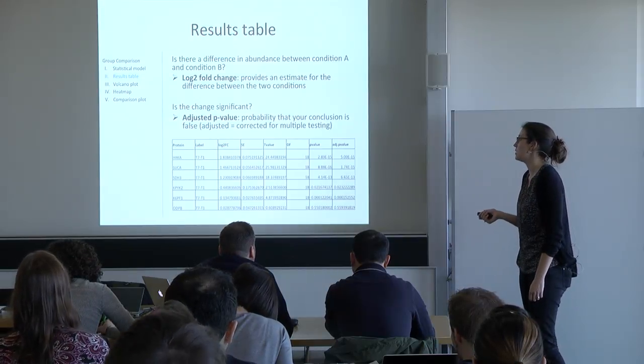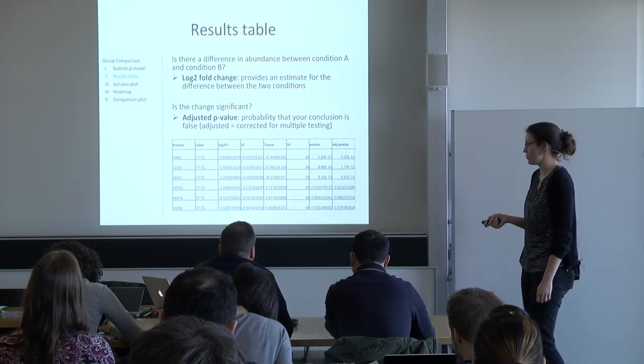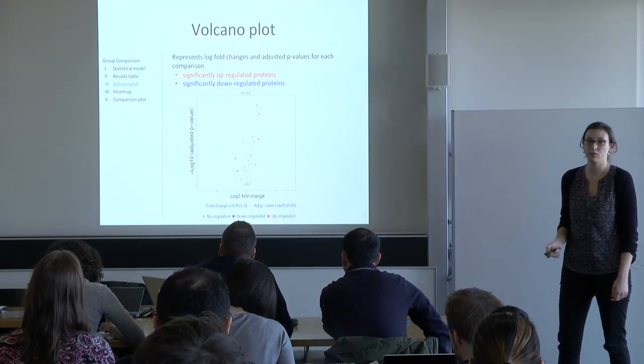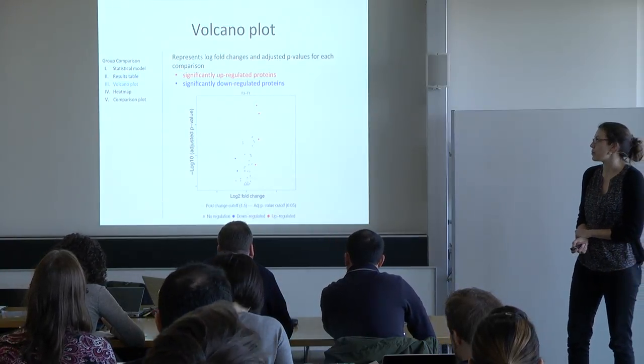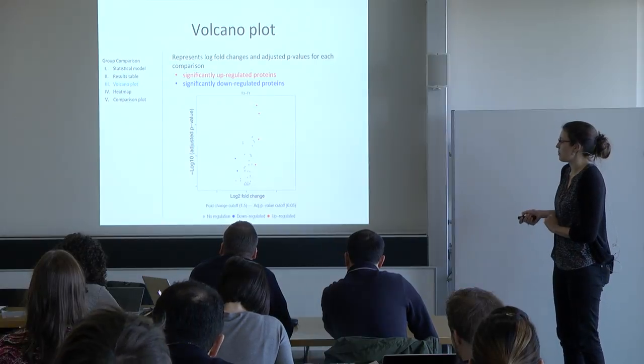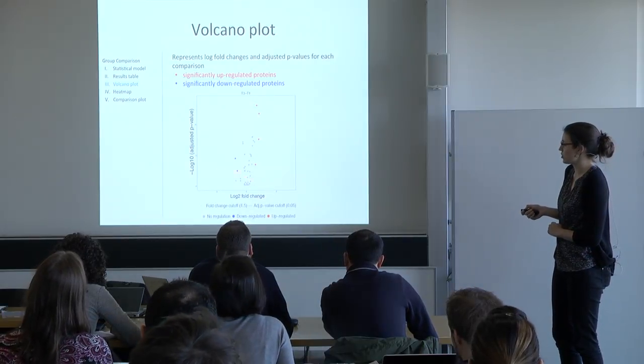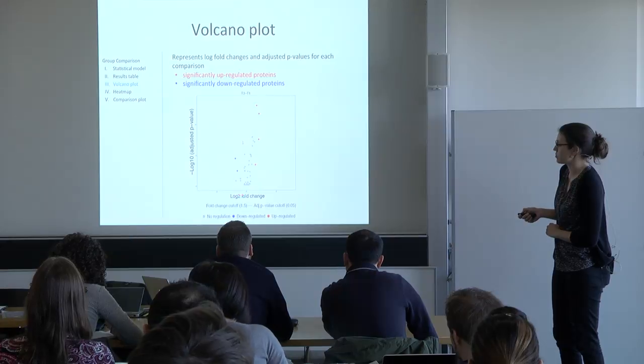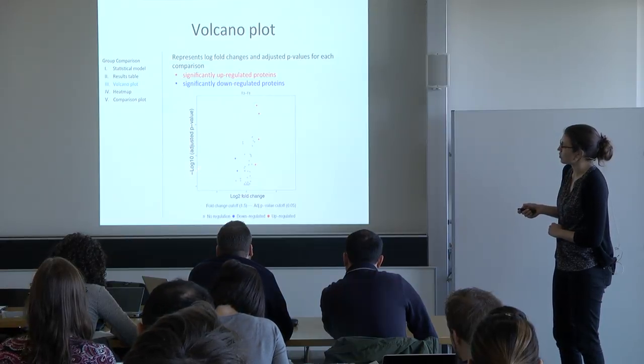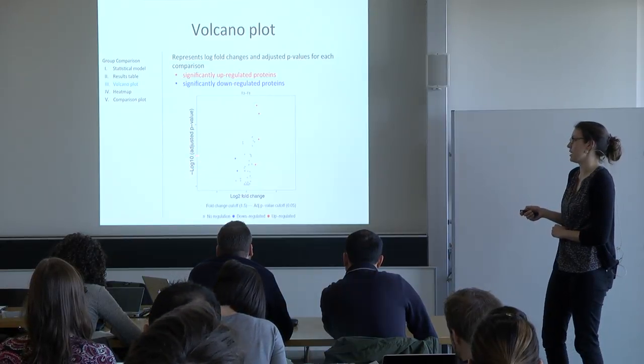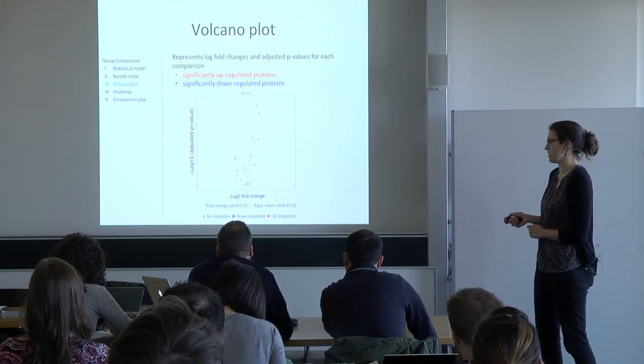And those results are very nicely visualized in volcano plots. Those volcano plots basically plot the log 2-fold change on the x-axis with 0 at the center, and the minus log 10 adjusted p-value on the y-axis.